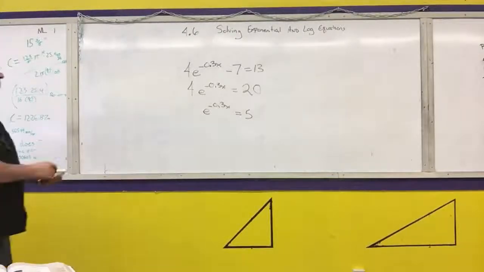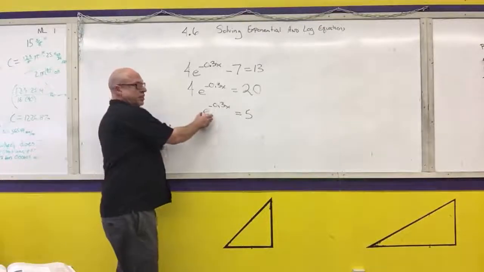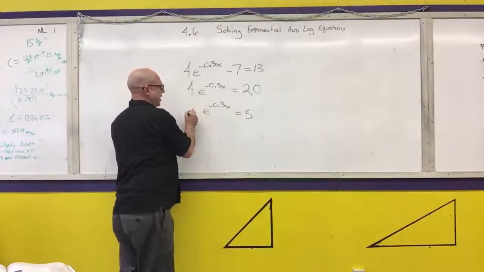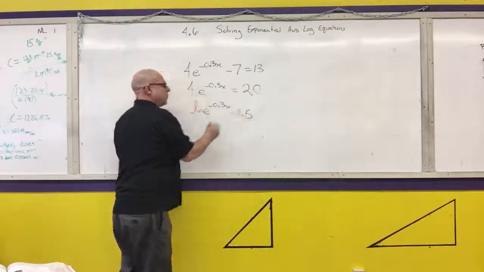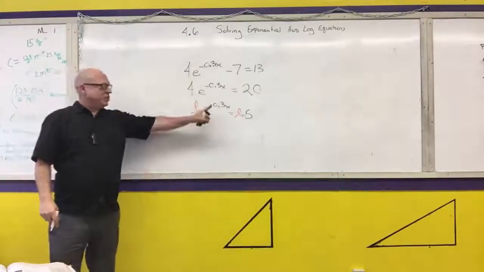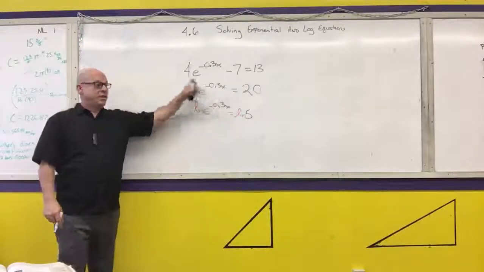So yes, I would then take the natural log of both sides, because the log base e we can just write as the natural log. And then what can I do with the exponent? I move it in front.